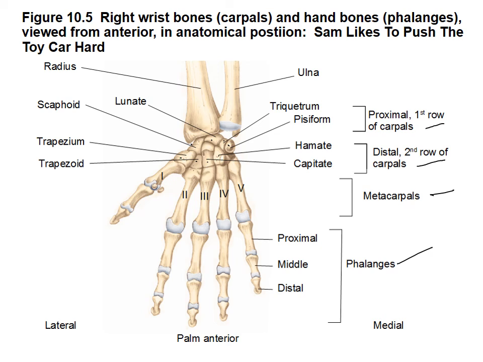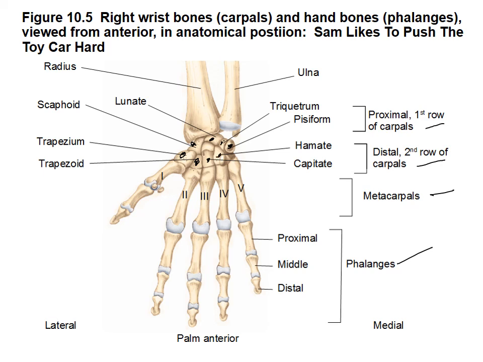So: scaphoid, Sam; lunate, likes; triquetrum, to; pisiform, push; trapezium, the; trapezoid, toy. Trapezium and toy have an O in them. Car, capitate, and hamate. So that can help you remember those.